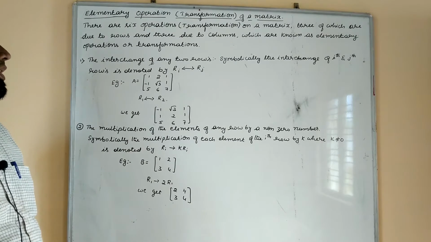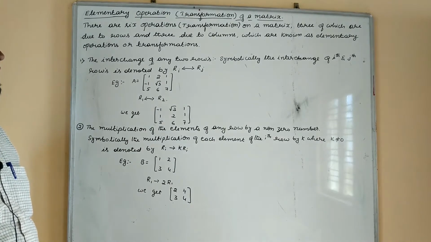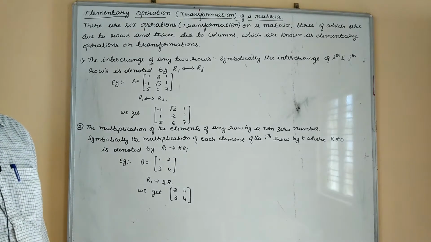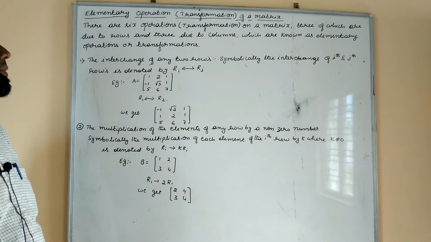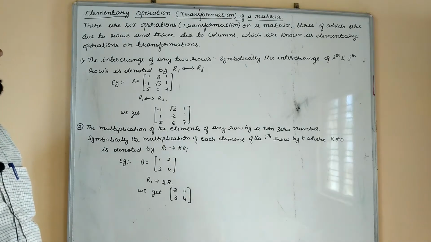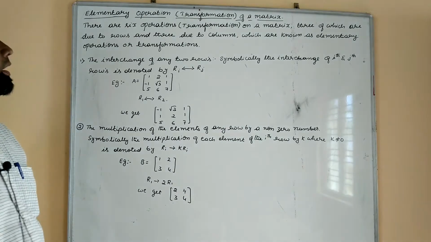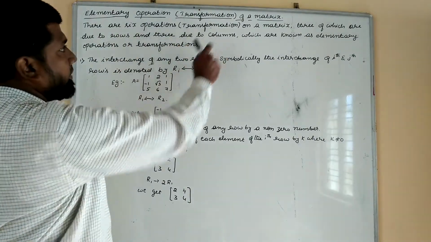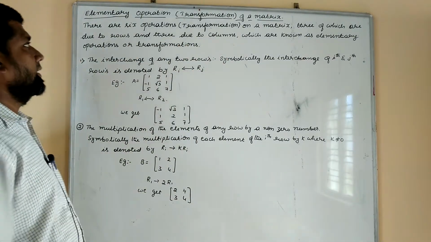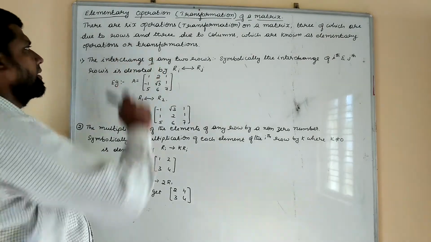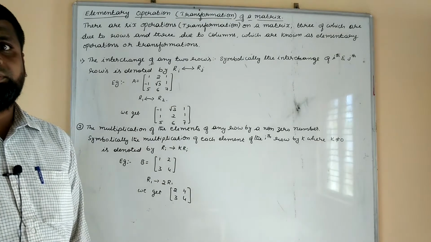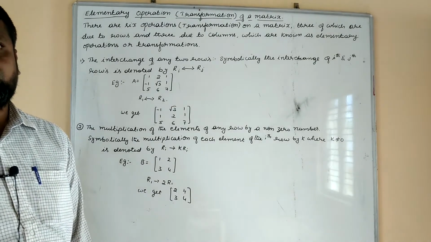There are 6 operations or transformations on a matrix, 3 of which are due to rows and 3 are due to columns, which are known as elementary operations or transformations. You can learn both of them, or you can learn only the rows.